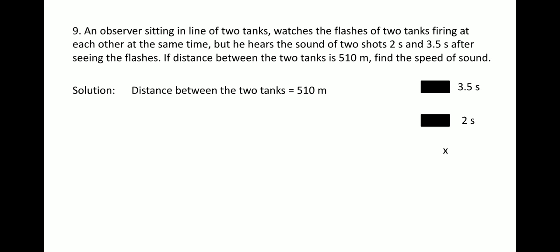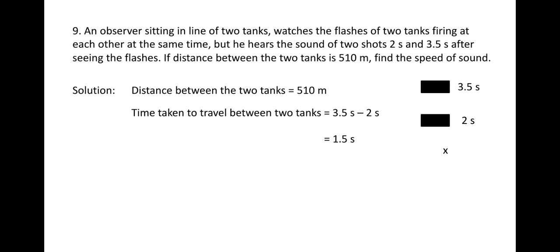So the time taken to travel by the sound from the first tank to the second tank can be obtained by subtracting the two time periods, that is 3.5 seconds minus 2 seconds. That will be equal to 1.5 seconds.